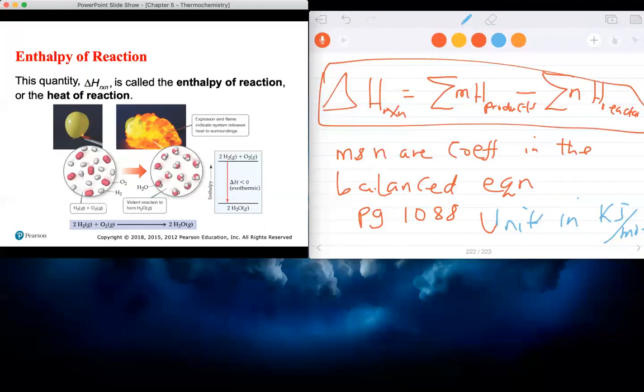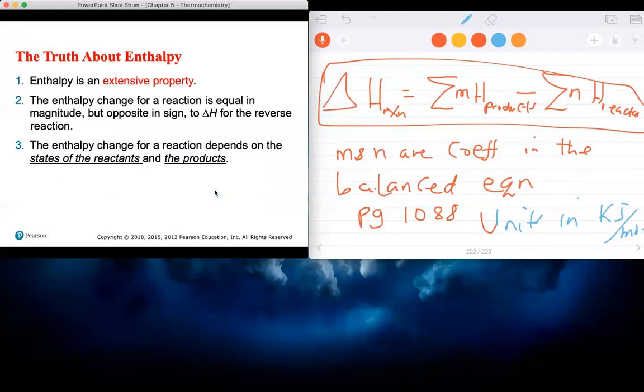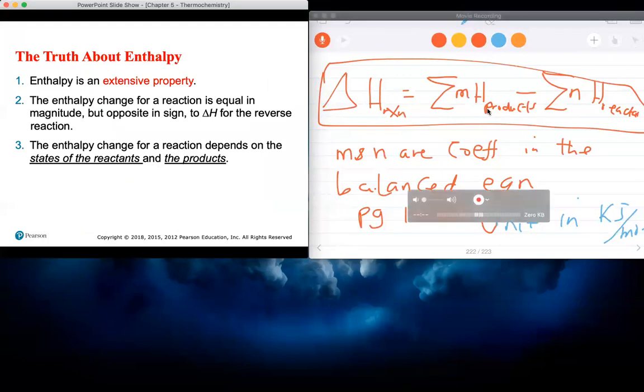You're going to pick a value which corresponds to the physical state in the given equation. So in this case, I'm going to look for H2O in gaseous state multiplied by 2, minus the summation for hydrogen gas times 2, and then add for molecular oxygen, and then I add all of them. Sometimes it's 0, it's okay. Then you find the difference to get the enthalpy of reaction using this equation right here.